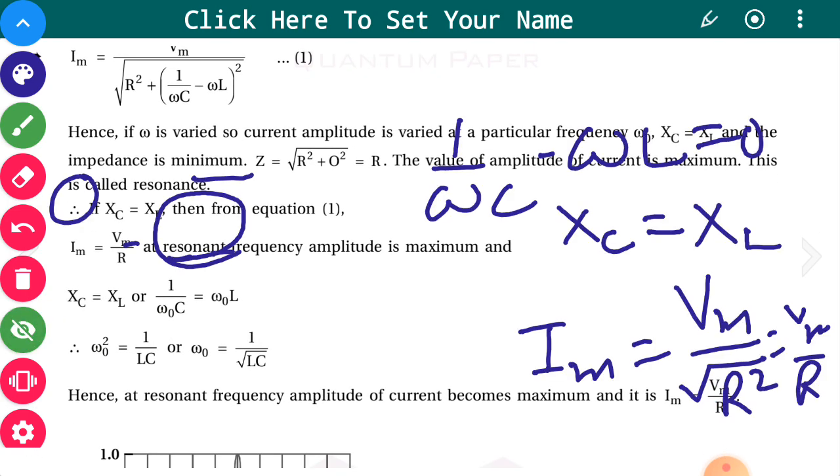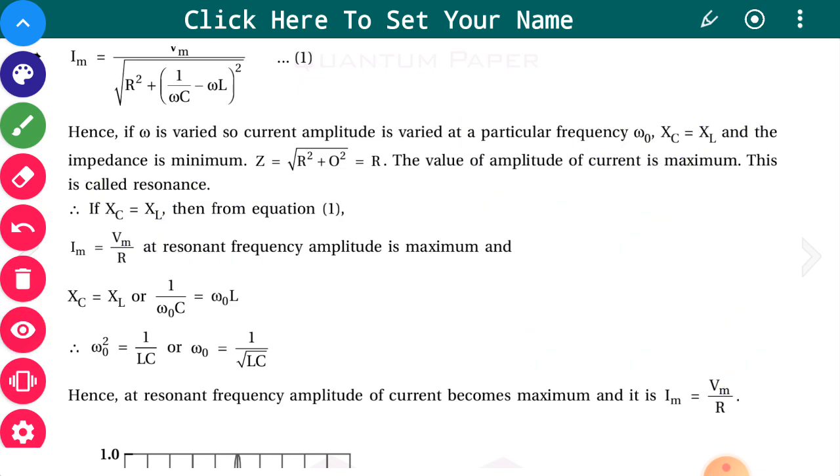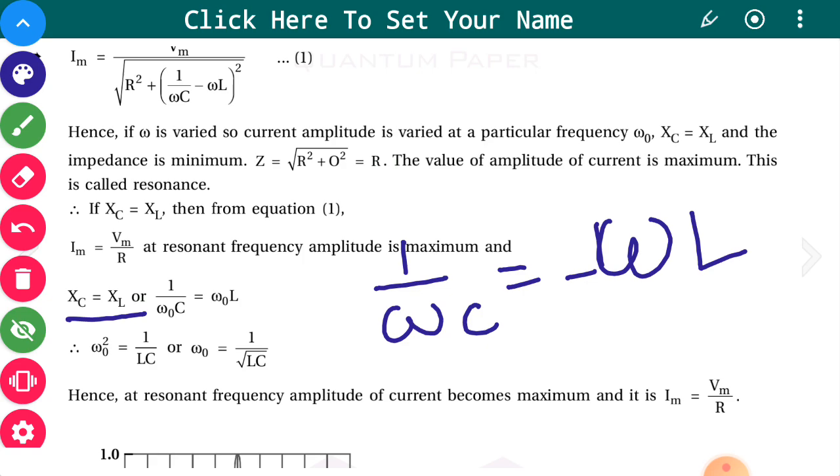So we can say Xc is equal to XL, or 1 upon omega C is equal to omega L. Try to understand, the frequency at which this phenomenon occurs is known as the resonant frequency, which is denoted by omega 0.